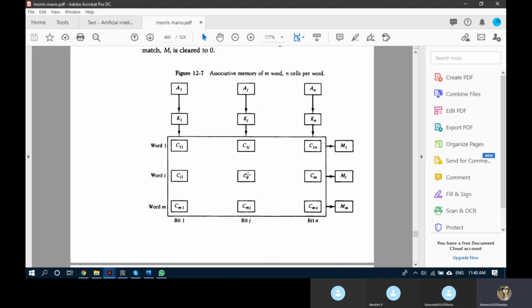Aj is compared with all the 3, and An is compared with all the 3. If these 3 match with these 3, this M1 is set to 1. If they don't match, it remains 0. And when is that possible? Only when the key mask has a value 1.